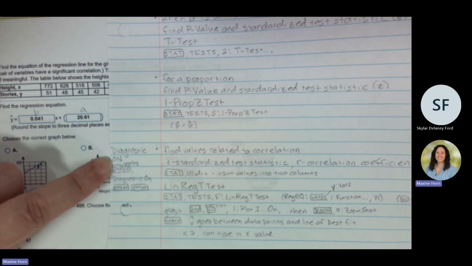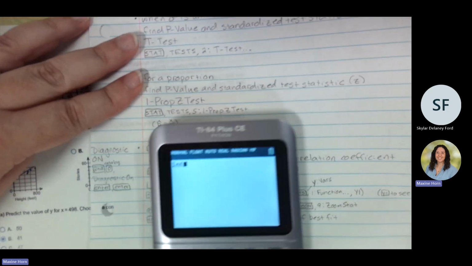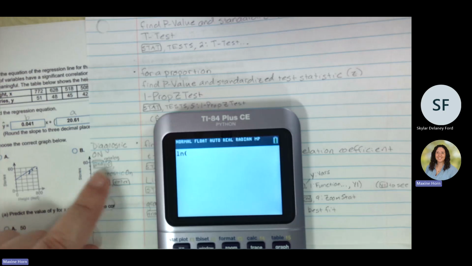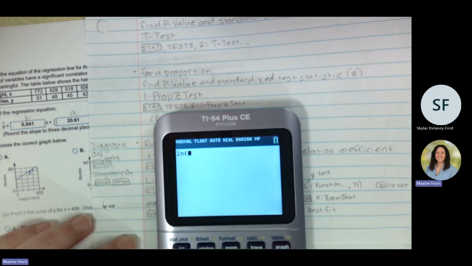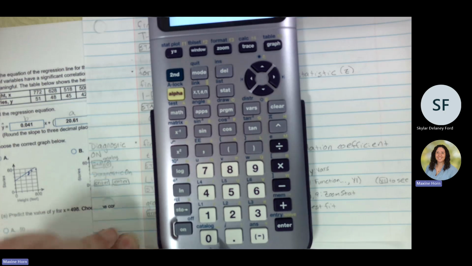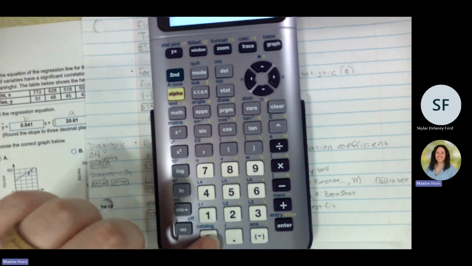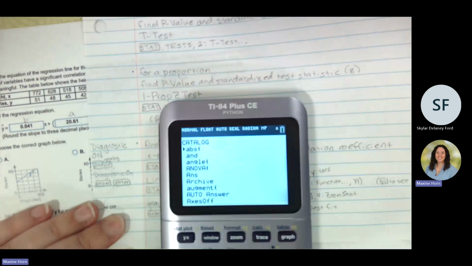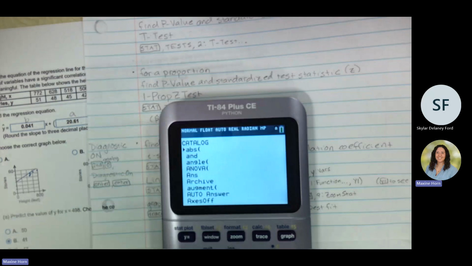So how do I turn my diagnostic on? I go to second, catalog. On my calculator, catalog is at the very bottom above the 0. So I'm going to go second catalog, and it takes me to this super long list. I'm going to go all the way down to diagnostics.